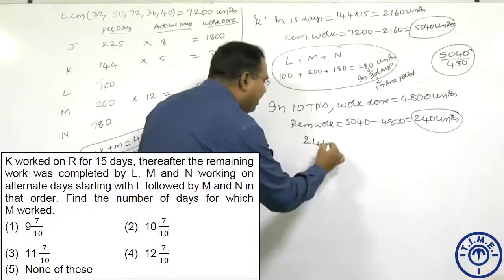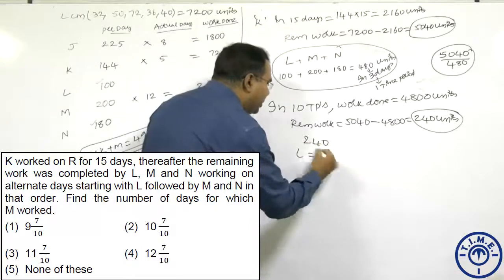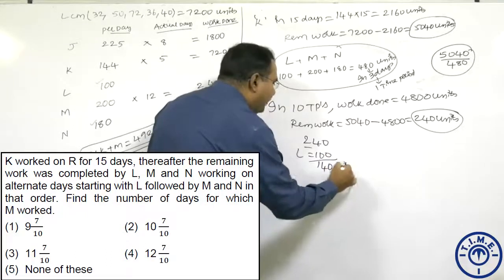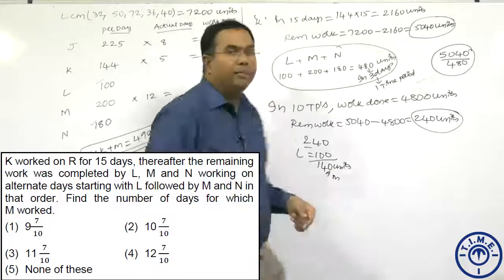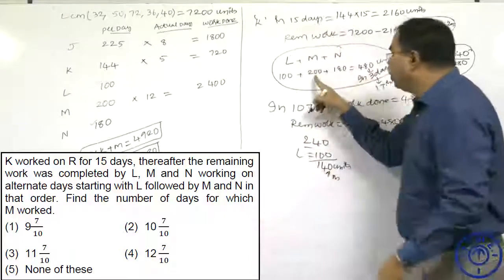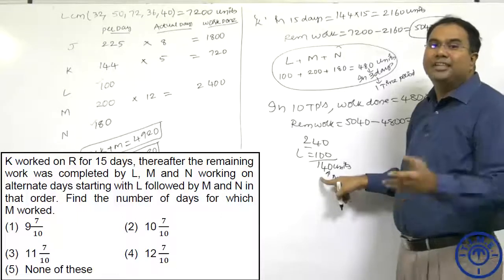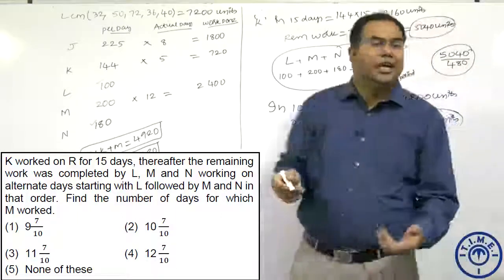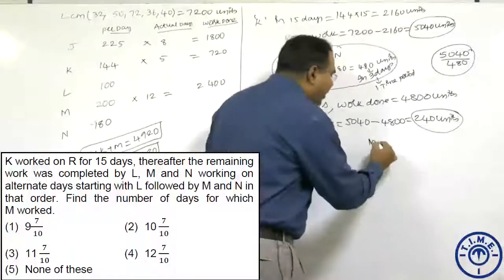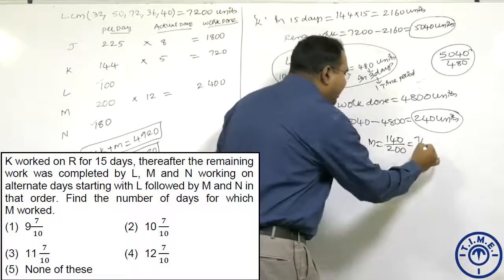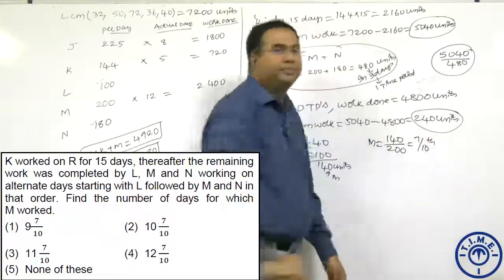L will do 100 units, so still 140 units remaining. After L, who will come? M. M in one day will do 200 units. How much work is left over? 140. That means he will take less than one day. So how much time will M take? 140 units. He will do 200 units in one day, so this is nothing but 7/10th of a day.